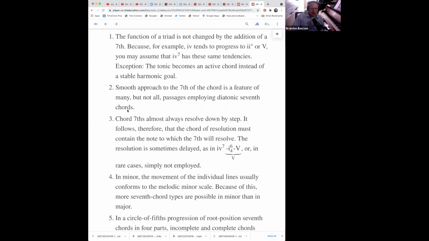And if we have a G, B, D, and F sharp, what kind of a 7th chord is that? Major. Major 7. Yes, it is. So we need to have a capital M here, is my point.